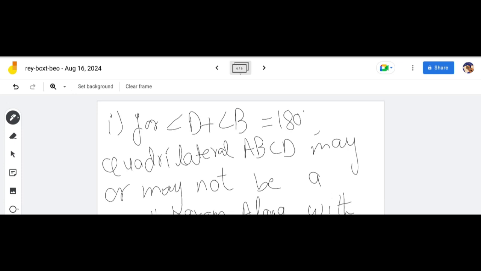Can I move to the next page? One minute, ma'am. I'll just write it down. Quadrilateral.